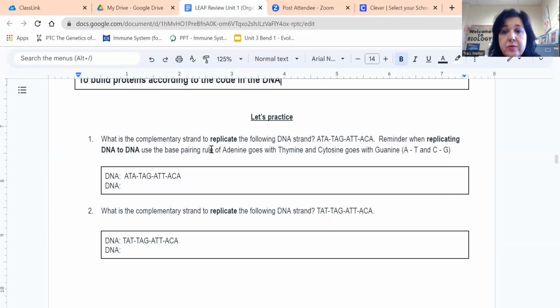Also remember that we use a capital A for adenine, capital T for thymine, capital C for cytosine, capital G for guanine. Okay, so when DNA is making a copy of itself, A goes with T, T goes with A, and A goes with T. So ATA becomes TAT.